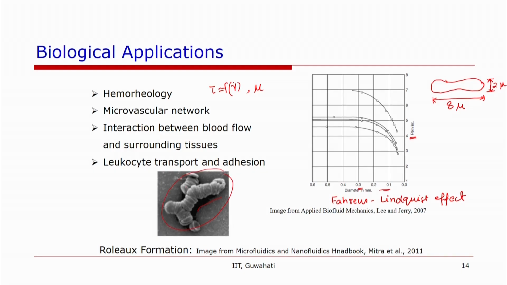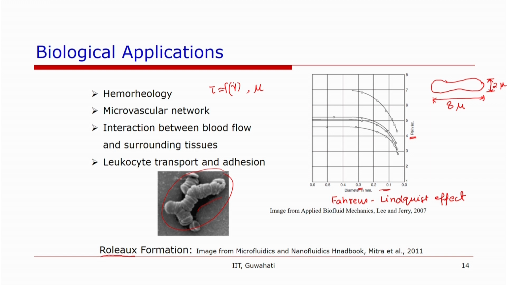When it goes to capillaries, the velocity of the blood will be smaller, so the shear rates will be smaller, and these red blood cells tend to aggregate, and this formation is called rouleaux formation.